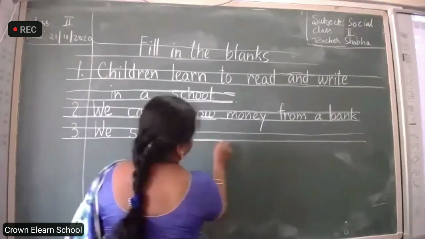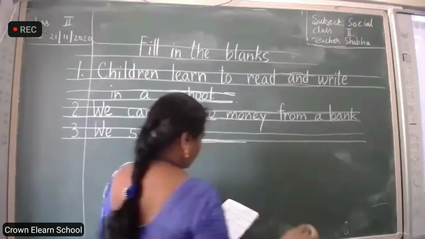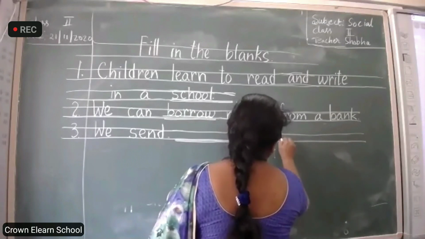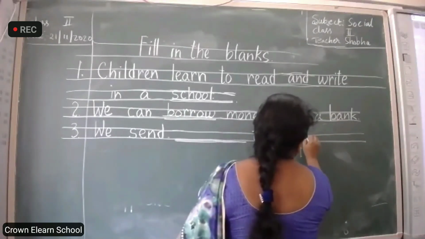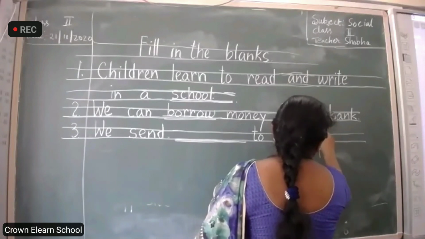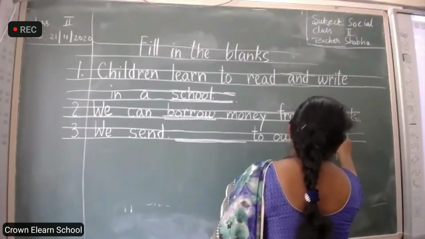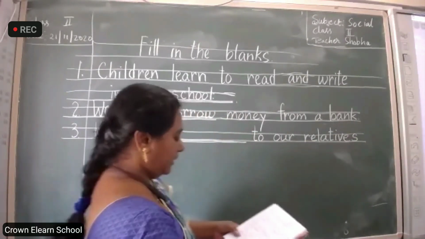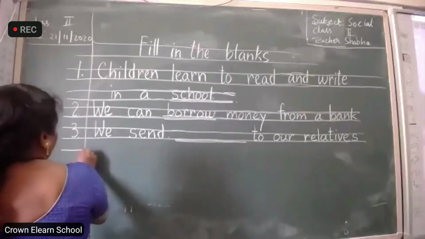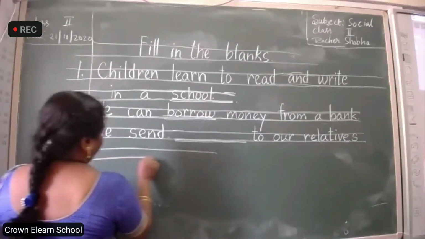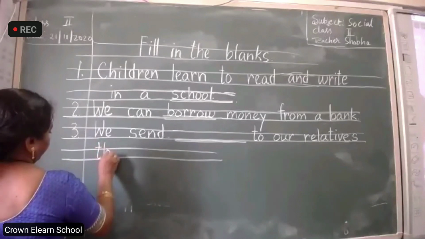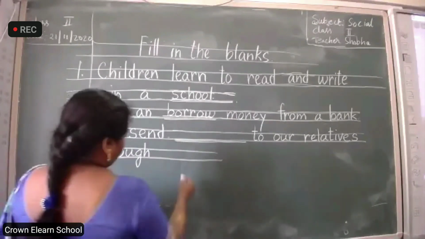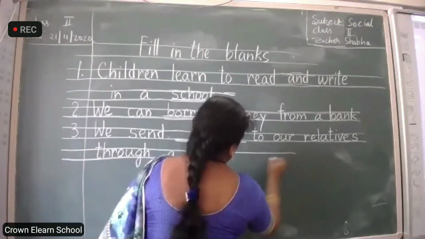Dash, to our, O-U-R, our relatives, R-E-L-A-T-I-V-E-S. Okay. To our relatives, through, T-H-R-O-U-G-H, through a post office.